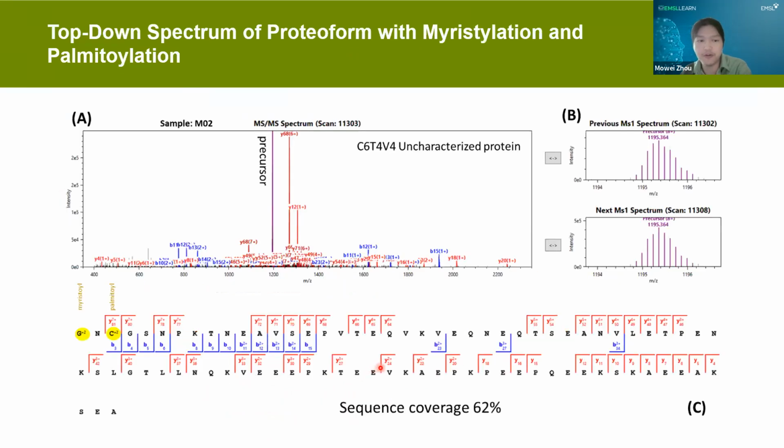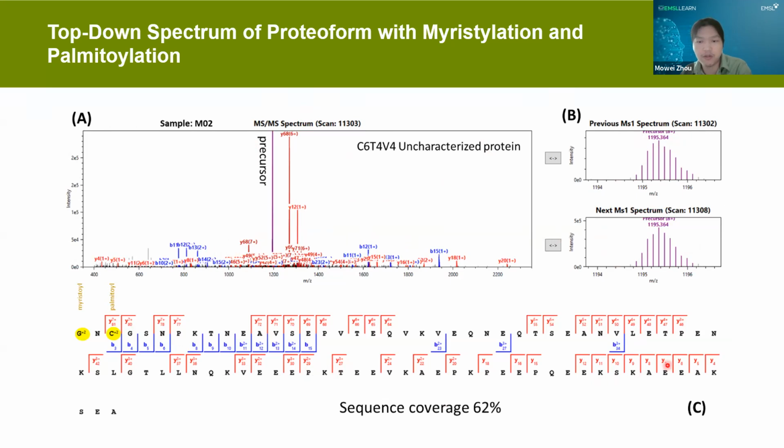So to convince you that we're really detecting this, this is the top-down data. This was visualized in LCMS Spectator developed at PNNL. It shows the annotated MS/MS data for this proteoform, and it also matches the MS1 precursor peaks really well. So we're very confident that this is matching really well.